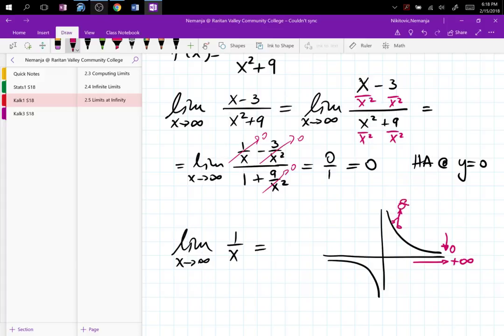So you see that as you are going always to the right, you're coming down a hill and your y value is 0 at infinity. Do we all visually see that? You need to be able to pick those things up from the graph like this. So as x goes to positive infinity, y is going to go to 0. So the answer is 0.